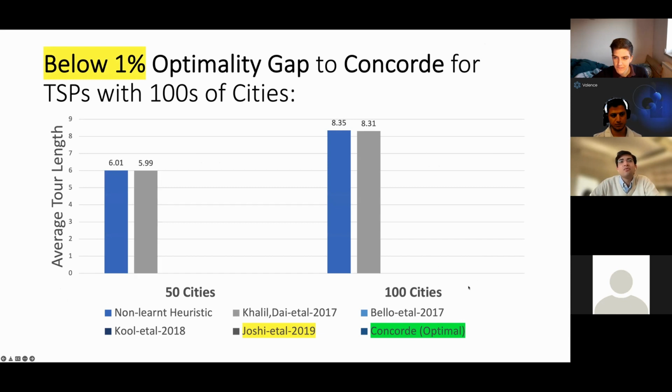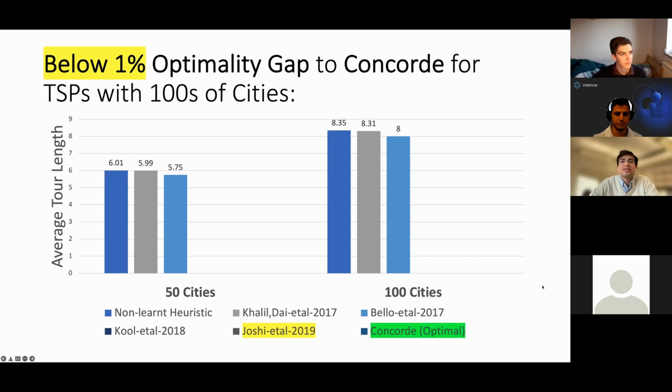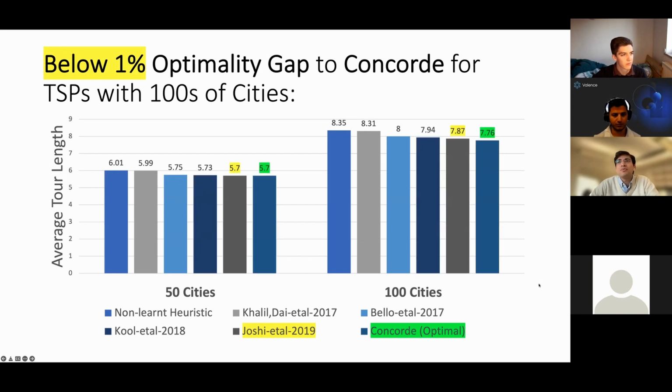So what we've seen with each paper is that we're always improving the average tour length. Lower is better in this case. We want shorter tours on average for 50 or 100 cities for some random samples. And with the first string of papers, we were already below 1% of closeness to optimality, where Concorde was a way to define optimality.